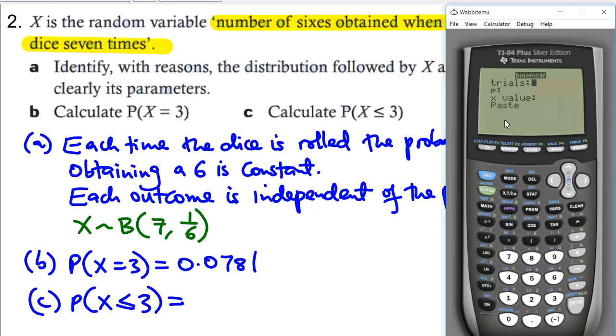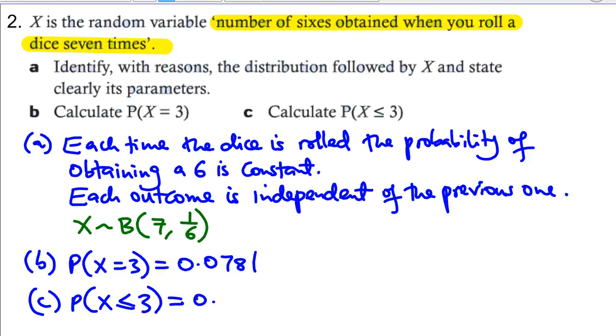That's what you want, cumulative probabilities. The number of trials is the same, the probability of success is the same, and the x value is just 3. If you press enter, you'll end up with the answer you want, 0.982.